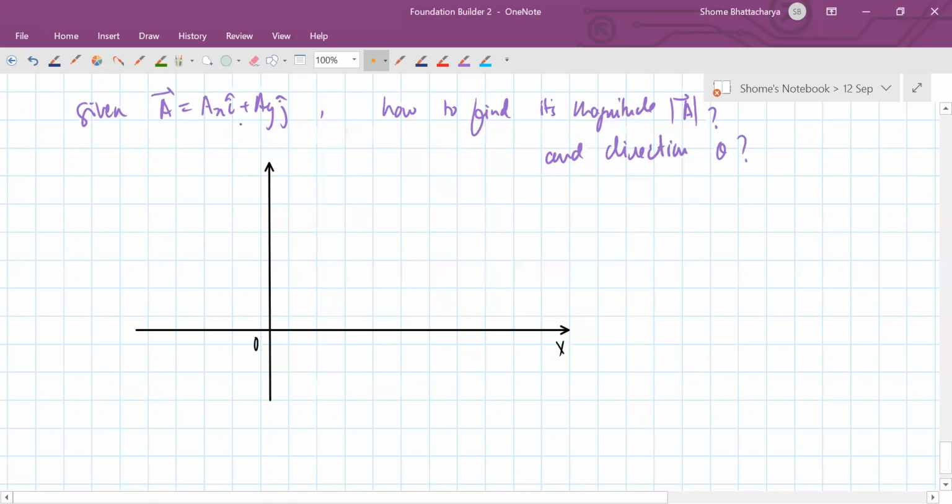So you'll see that given that we know the quantity ax and ay, now we want to find out the magnitude and theta. Okay, so again visualize what is ax.